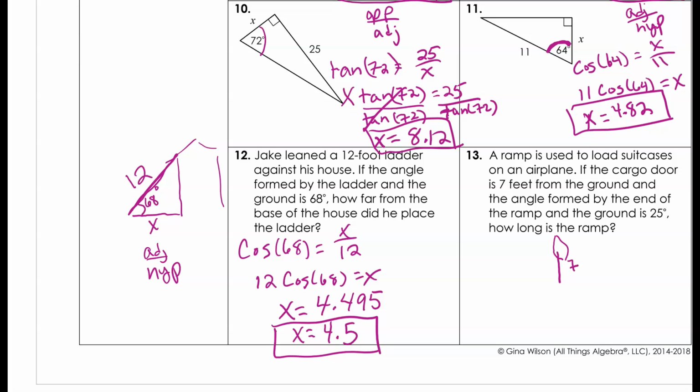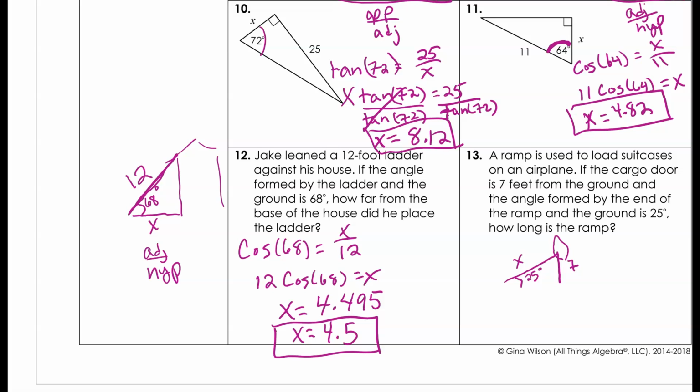And the ramp, does it tell us how long the ramp is? Nope, that's what it wants us to find out. So the angle by the ground, so here's our ground right here, and the angle formed by that ground is 25 degrees. We know that it's 7 feet up, and then this is what we're looking for, the ramp length. So how long does that ramp have to be?